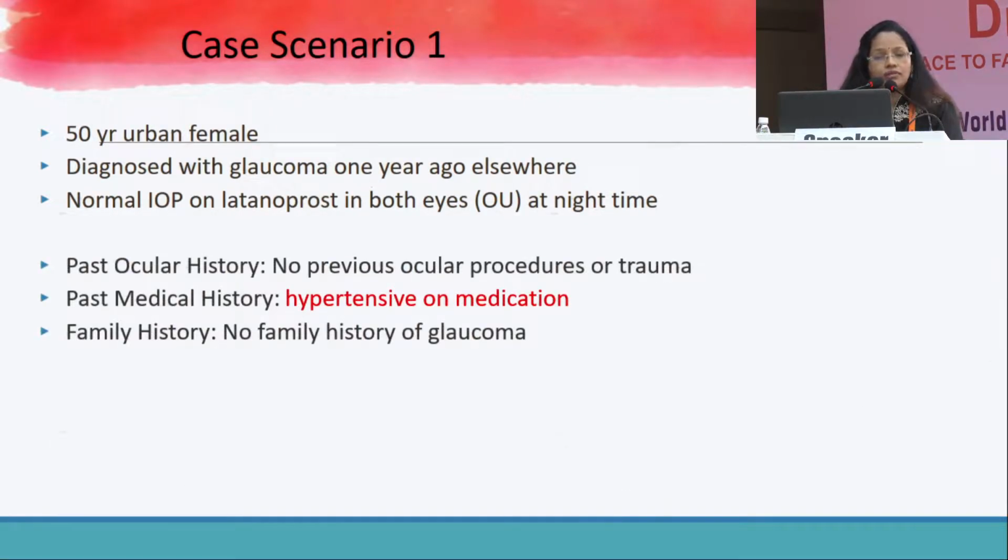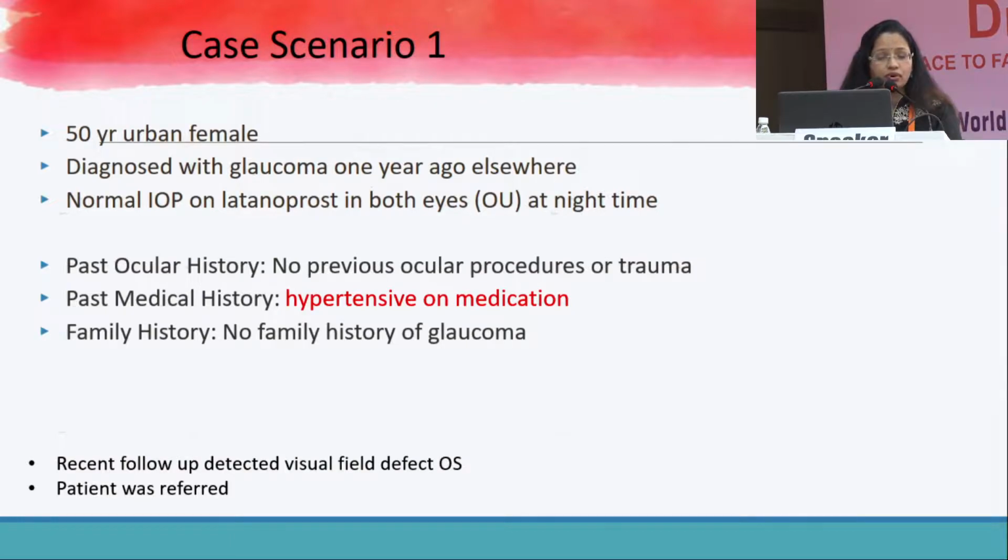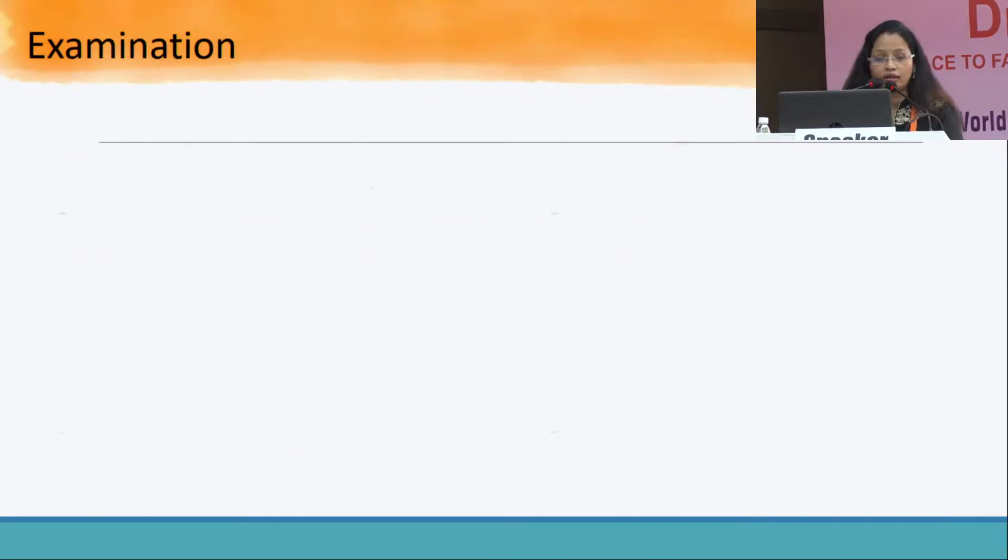There was no previous history of ocular trauma or procedure, and no family history, but there was past history of hypertension and she was on medication. In recent follow-up, a visual field defect was evident despite controlled intraocular pressure, and that is why she was referred to us.